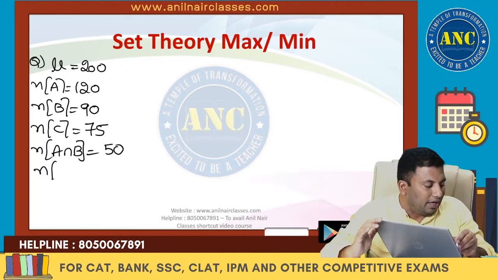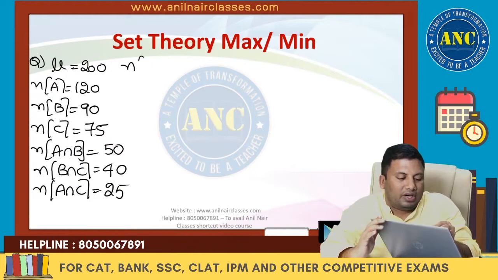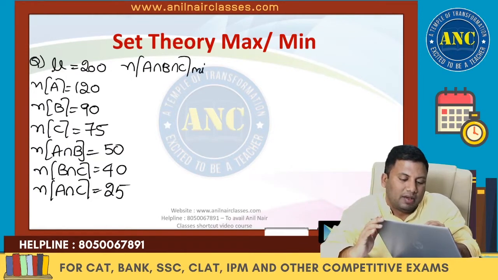N of B intersection C is nothing but 40. N of A intersection C is nothing but 25. So we need to find out A intersection B intersection C minimum value and N of A intersection B intersection C maximum value.